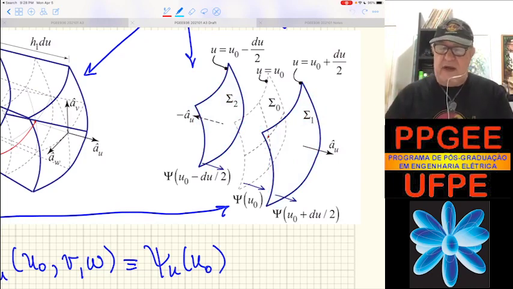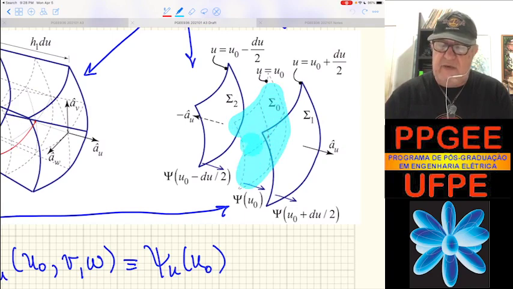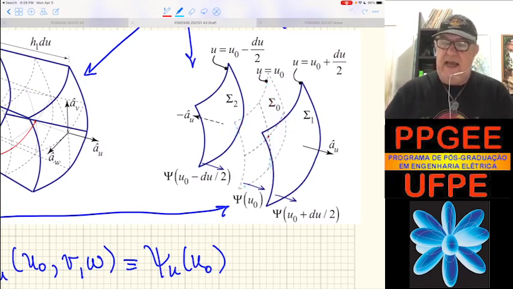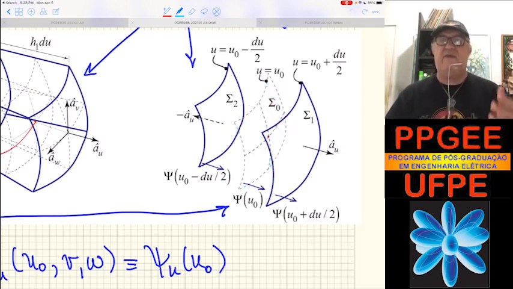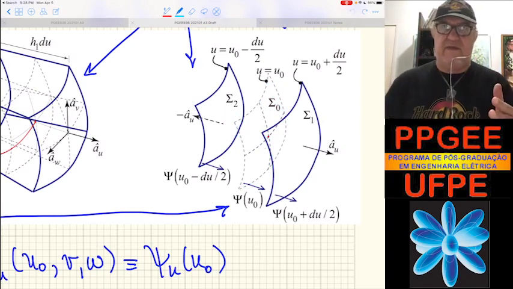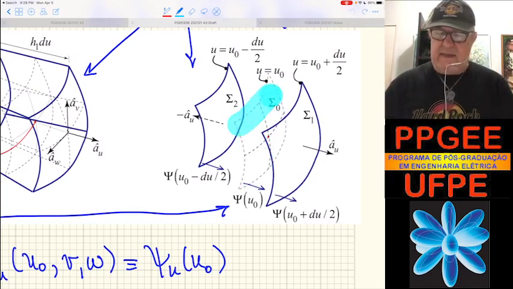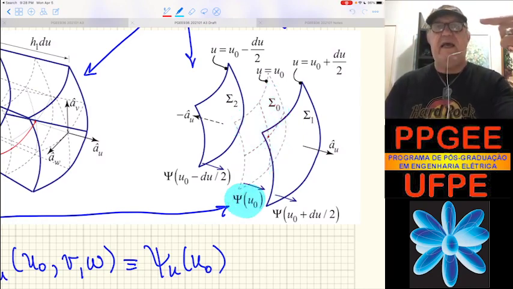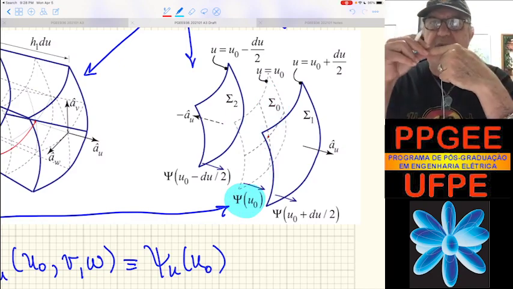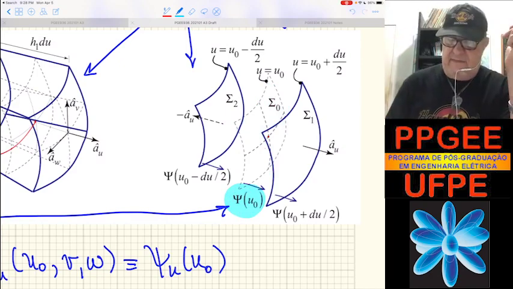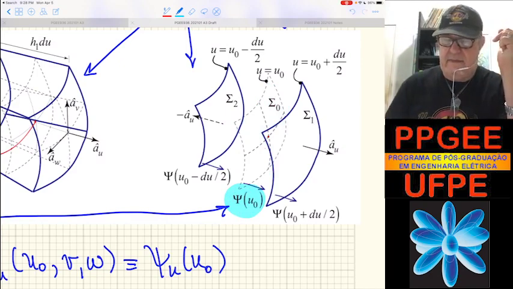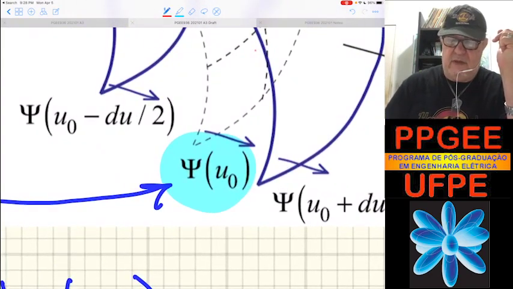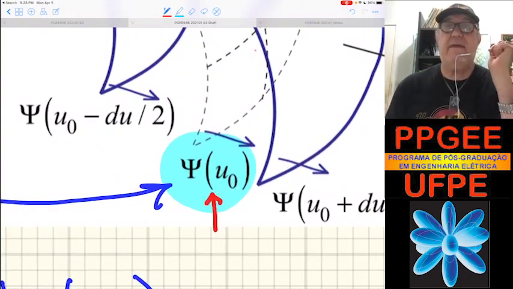What we're going to do is to calculate the flux in the intermediate surface, u equals u0, and determine the other ones on the front surface and on the back surface relative to the intermediate surface. Okay, let's call this flux across the central surface in the direction of increasing u as psi u0. Okay?